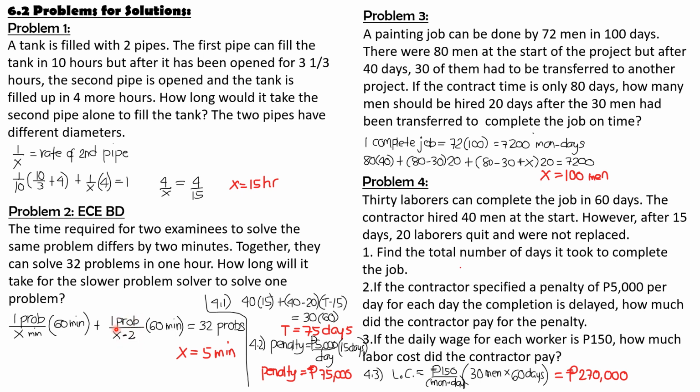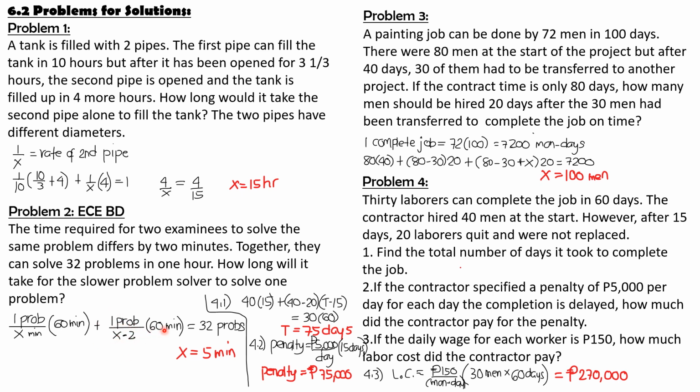So the time it will take to solve one problem is x minus 2, because the time required for two examinees to solve the same problem differs by 2. So the time for the faster problem solver would be x minus 2.